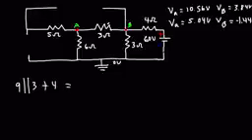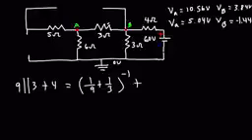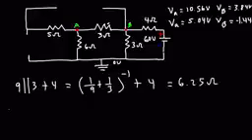But let's calculate the total equivalent resistance across the 60 volt battery. So it's going to be 1 over 9 plus 1 over 3, raised to the minus 1, plus 4. And so you should get a total resistance of 6.25 ohms.